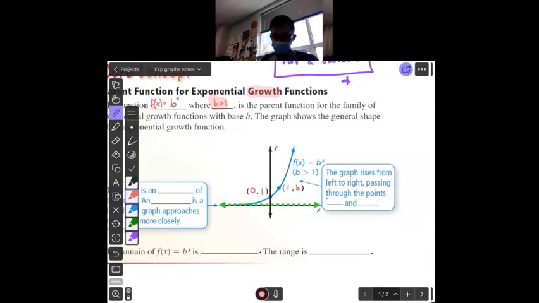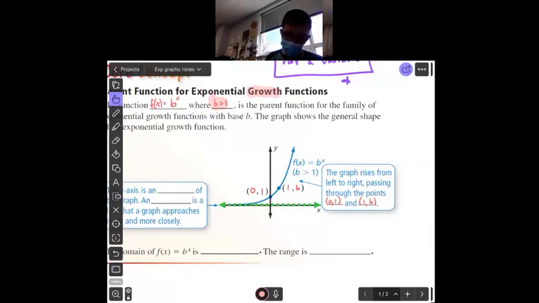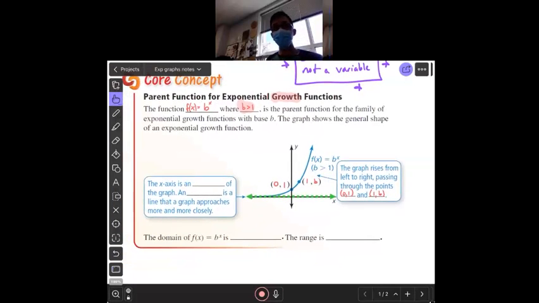Those are your 2 key points for exponential functions: (0, 1), and then (1, b), whatever your b value is. If b is 2, then it's (1, 2). If b is 5, it's (1, 5). If b is 2.7, it's (1, 2.7). Okay. So 2 key points that are easy to find for exponential functions. The rest require more calculation.